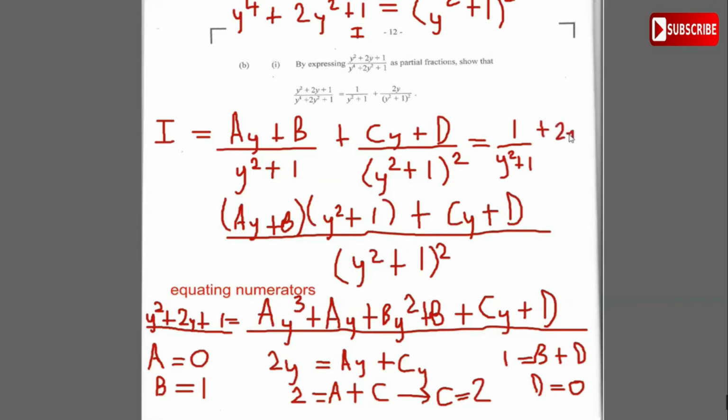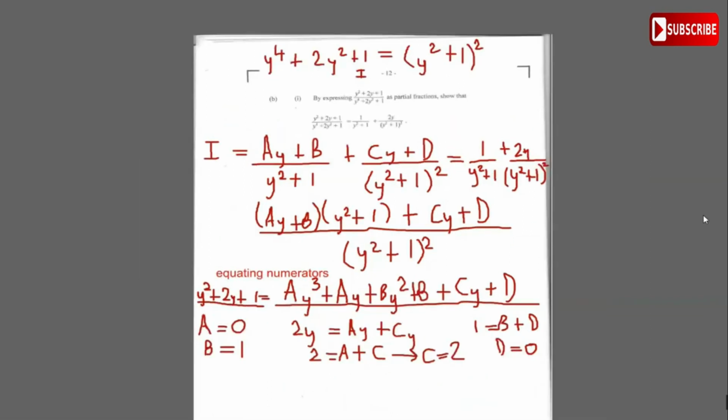D is 0, so it's just 2y over y squared plus 1 all squared. So there you have it, nice and easy, soft. So we've shown that this partial fraction is true. That's what we get when we separate it in partial fraction. So proven, soft, giving away 7 marks.